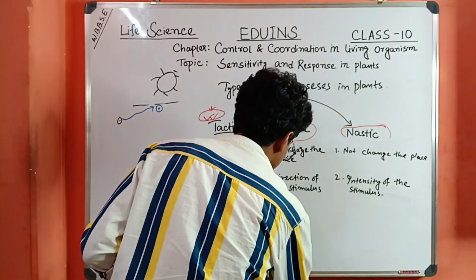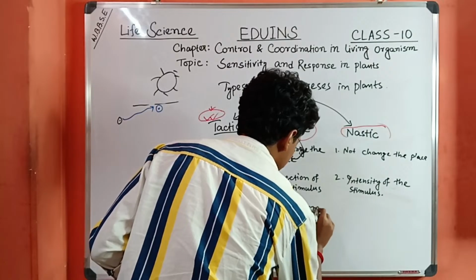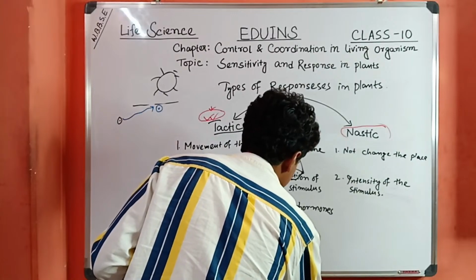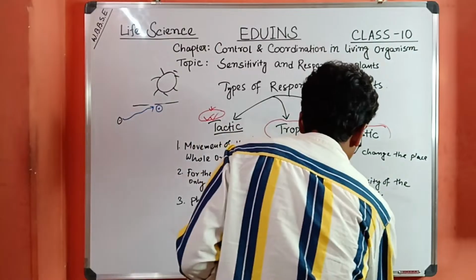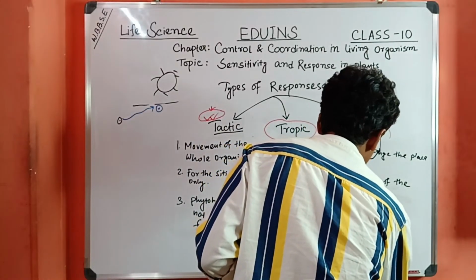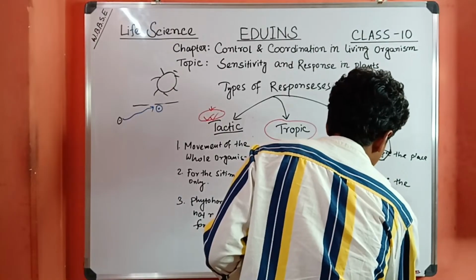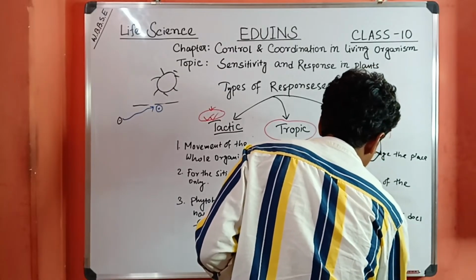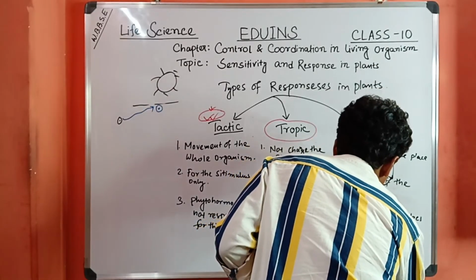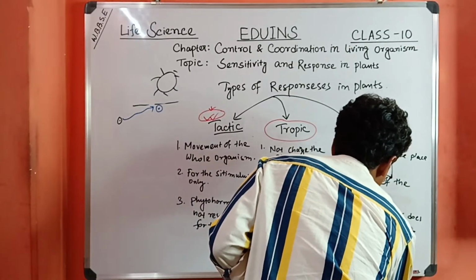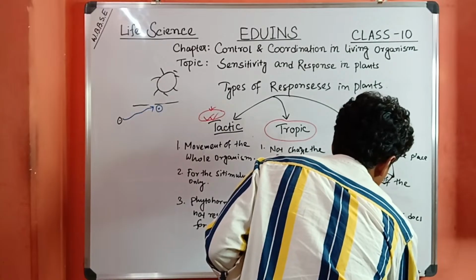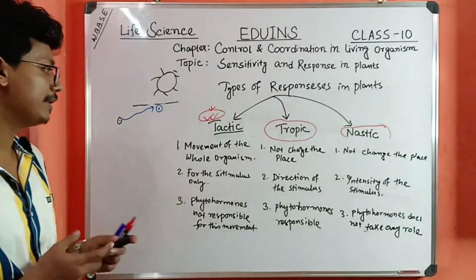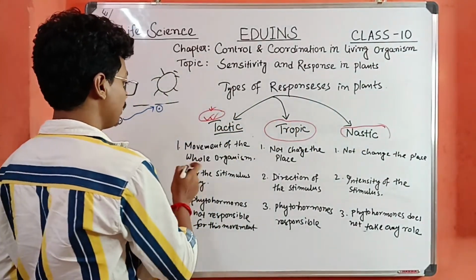Phytohormones are responsible here; phytohormone does not take any role there. So these are the three main differences, that is movement of the whole organism.